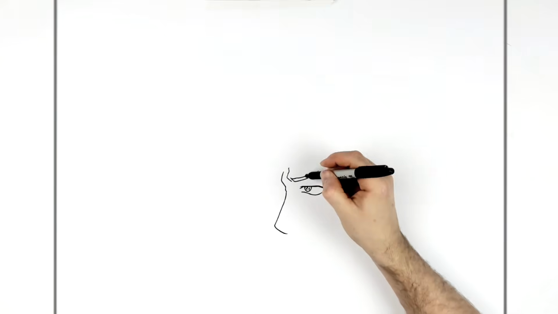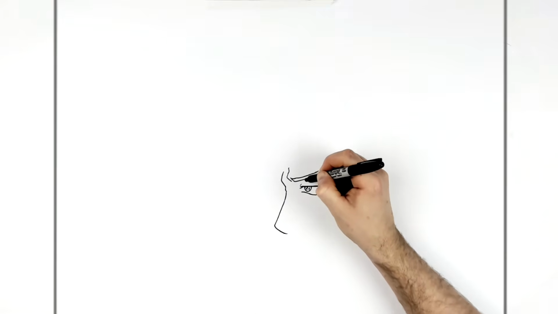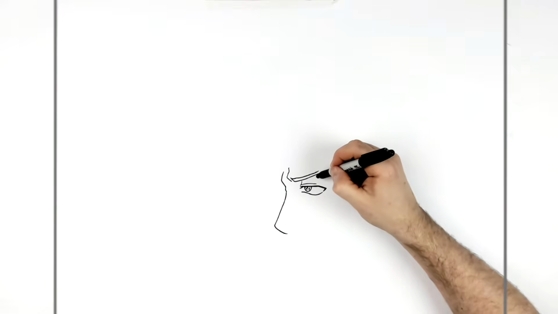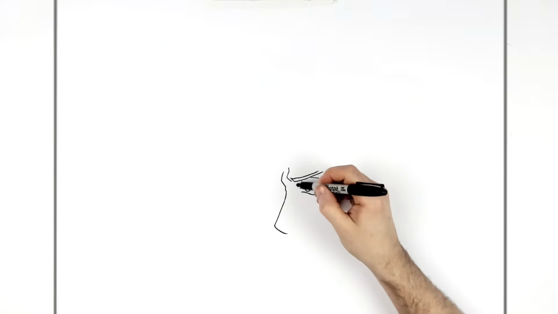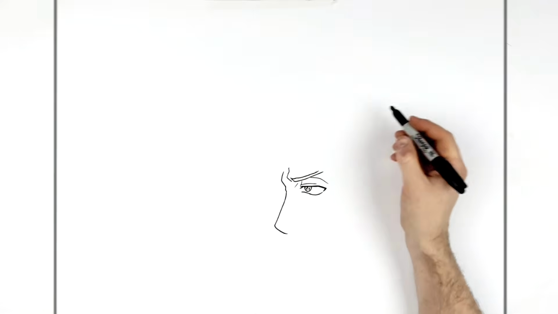Eyelid line. It just comes up from his eye here. Across the top. And then another curving eyelid line here. Another line there.